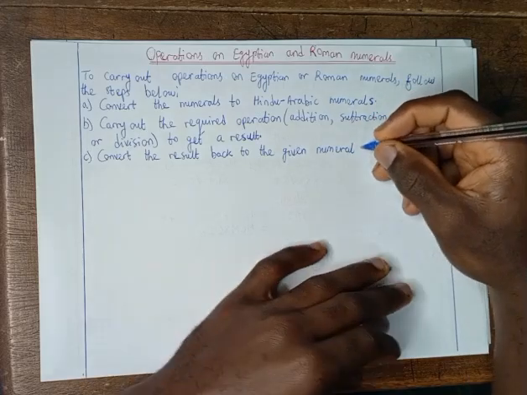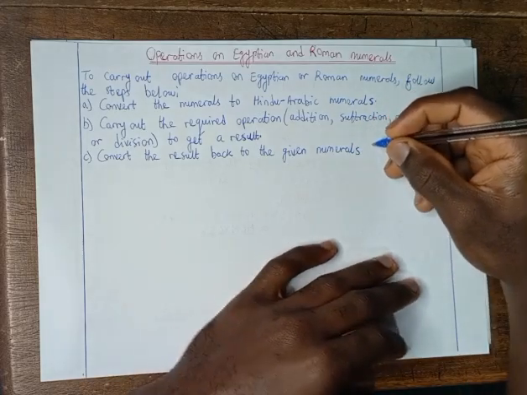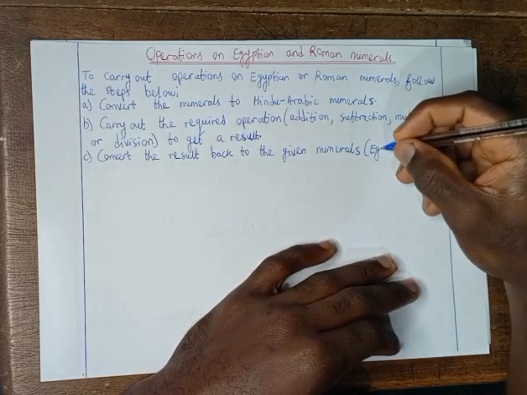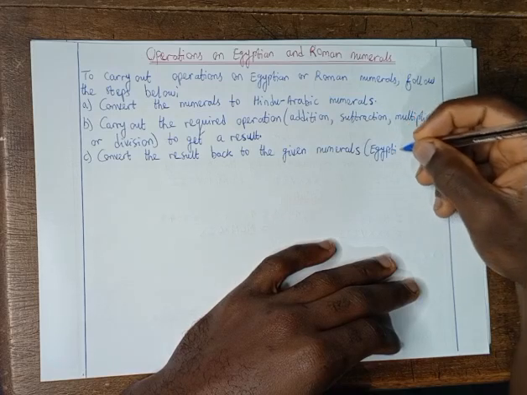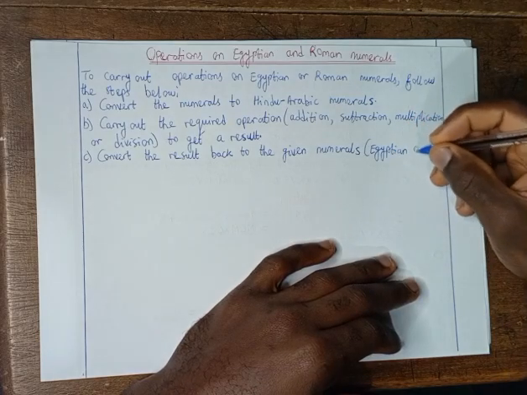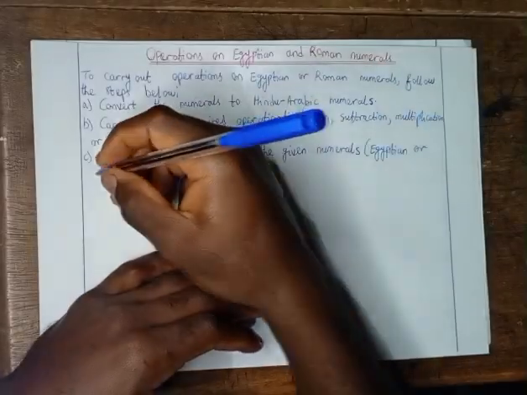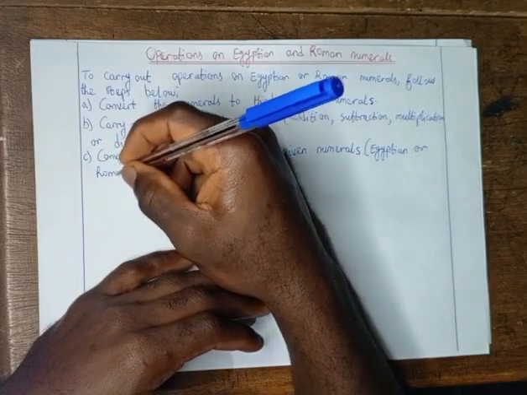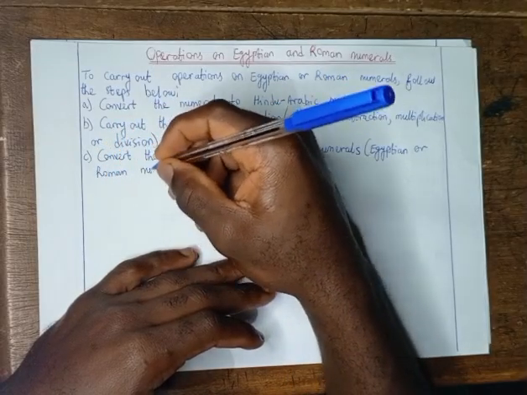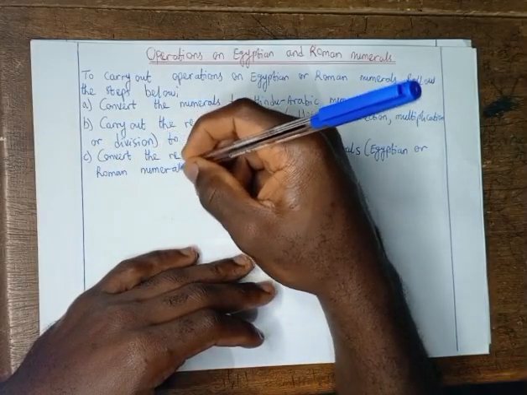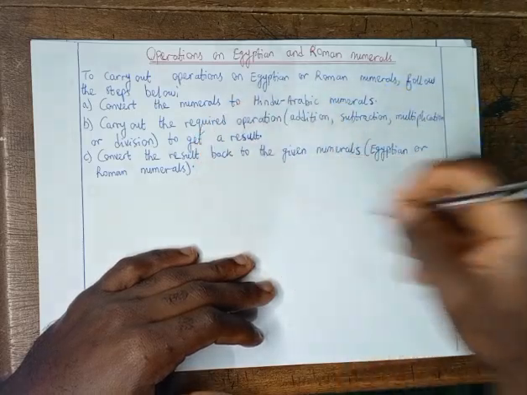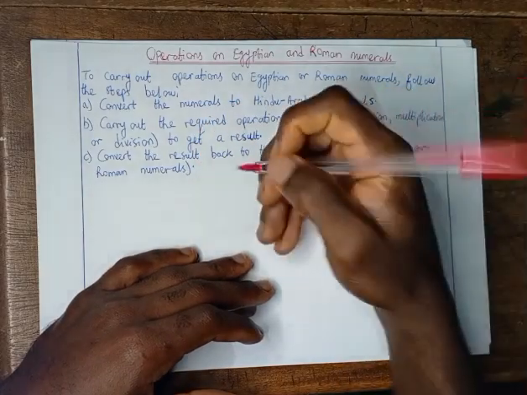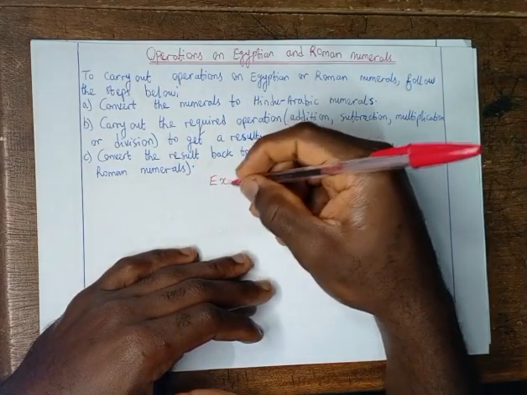That means if you were working with Egyptian numerals, you convert your result back to Egyptian numerals. If you were working with Roman numerals, you convert your result back to Roman numerals. That's what it means. Let's take an example.